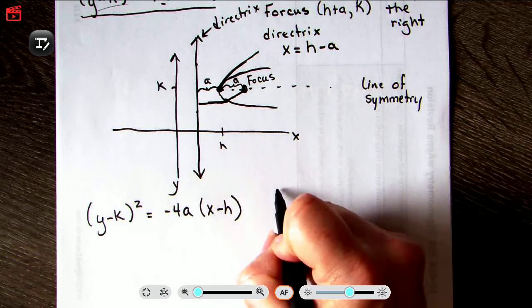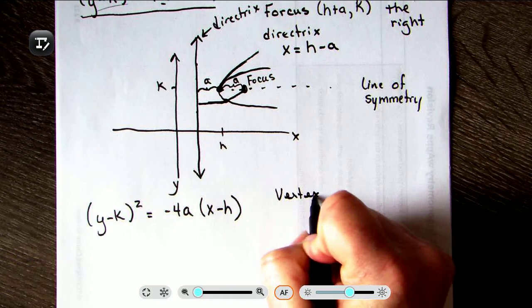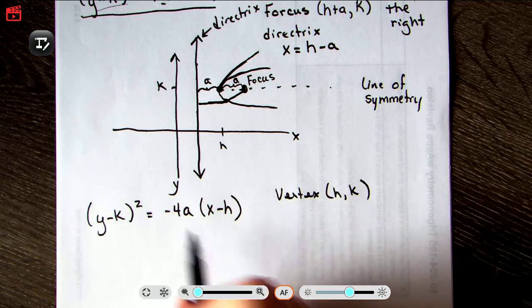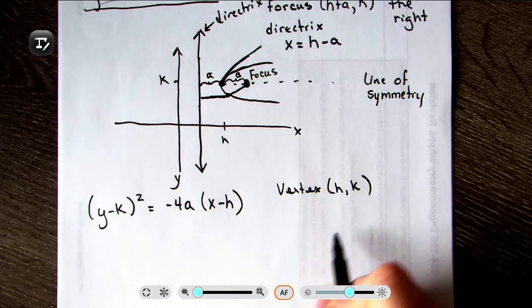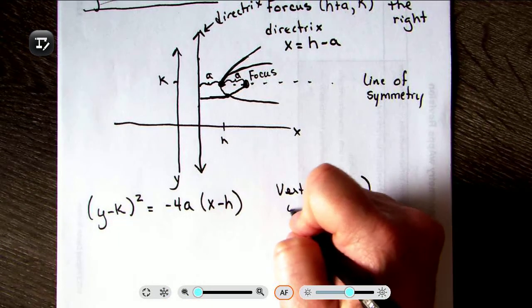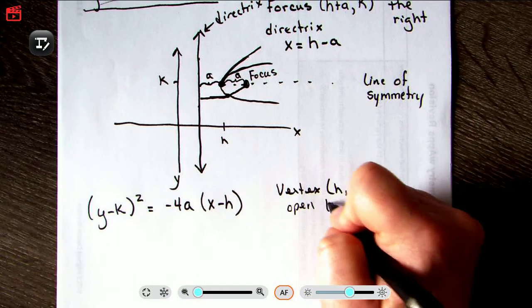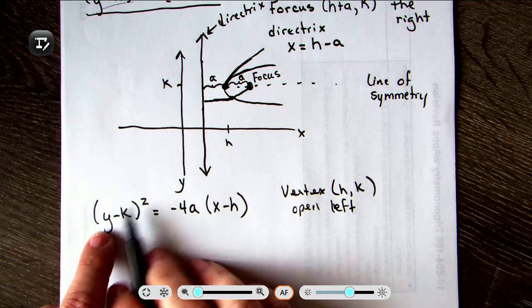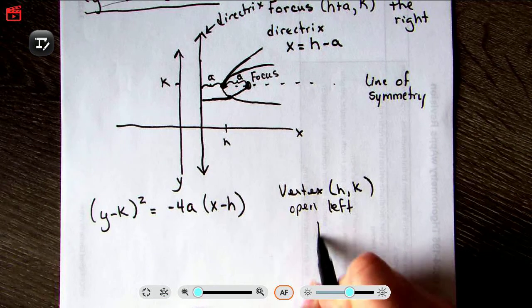This one, again, the vertex does not change. The vertex is still that (h, k). Since this is negative and the square is on the y, it is going to open to the left.